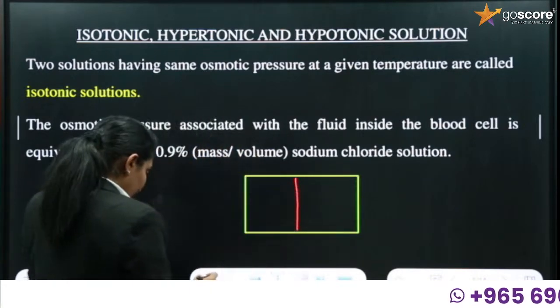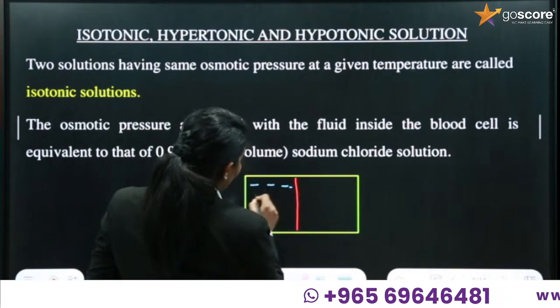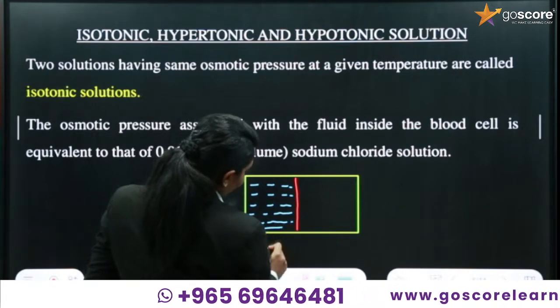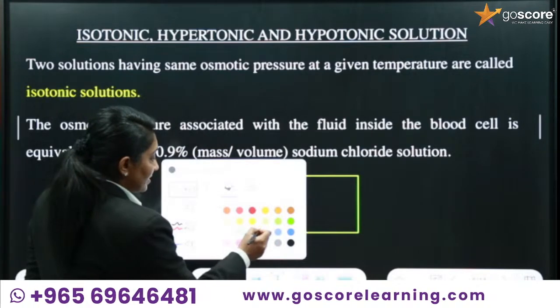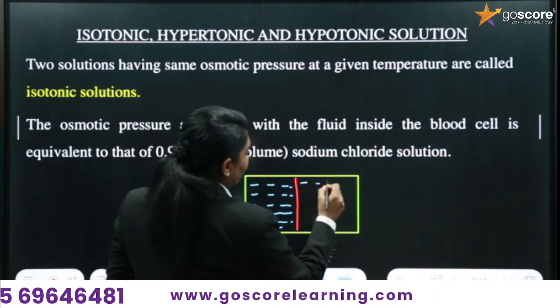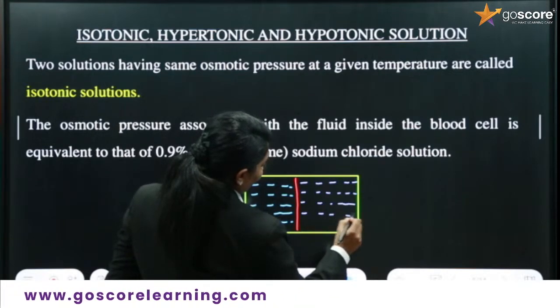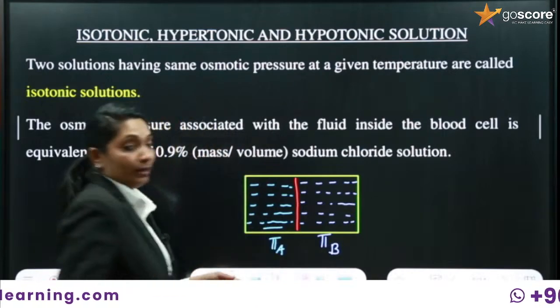On this side, I have taken a solution having osmotic pressure pi A. On this side, I have taken another solution having osmotic pressure pi B.